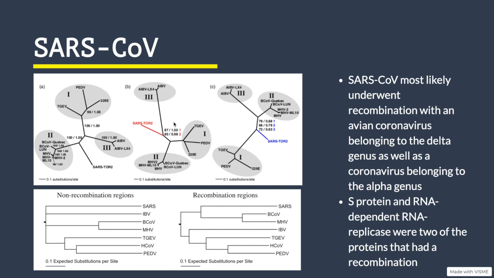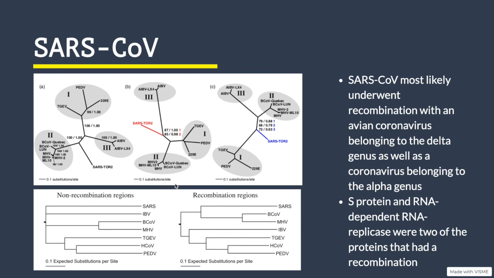When they made a phylogeny with these recombinant regions, the SARS coronavirus was grouped with another genus. So in this image here, the SARS coronavirus was actually grouped with avian coronaviruses, whereas in this image here, which they used a different segment of the DNA to create this phylogeny, the SARS coronavirus was actually grouped with alpha coronaviruses. And so this is really good evidence that recombination had occurred.